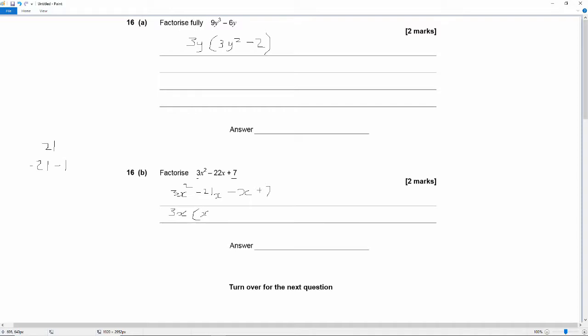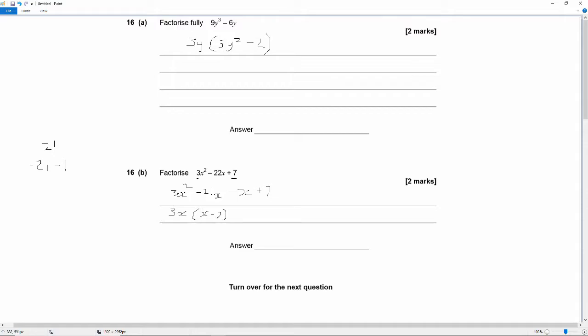So x times 3x is 3x squared. And we're pulling 3x out of negative 21x. So negative 21 divided by 3 is negative 7. And x divided by x is 1. So that's x minus 7.